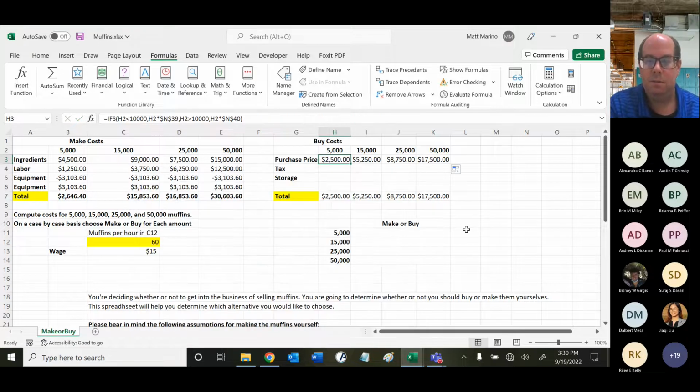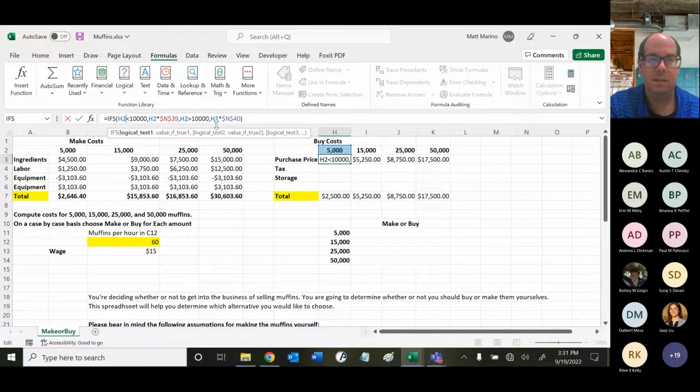If it comes up as 0, what do you think we did wrong? If it comes up as 0, then you probably didn't put the absolutes in. Or you have the formula exactly like this. It's exactly the same.